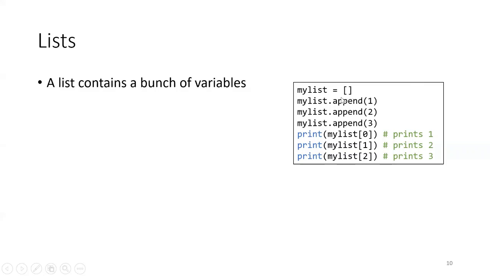So here we have a list which has these elements 1, 2, 3 being added to that. And we can easily access the elements inside the list using index. The indices start from 0 and continue to the length of the list minus 1. So in this case, you saw we had 3 elements added to the list. The indexes start from 0 and continue up to 2.